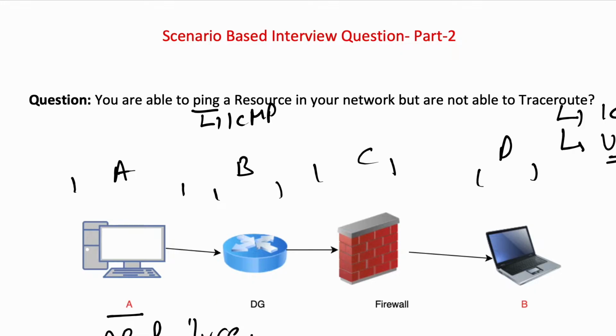That's the second reason. Then C is the firewall. What could be the reasons on the firewall? A lot of reasons: UDP is blocked, traceroute is blocked, ACL issues, ALG issues.